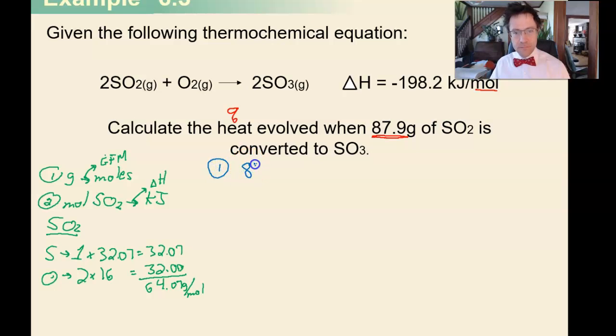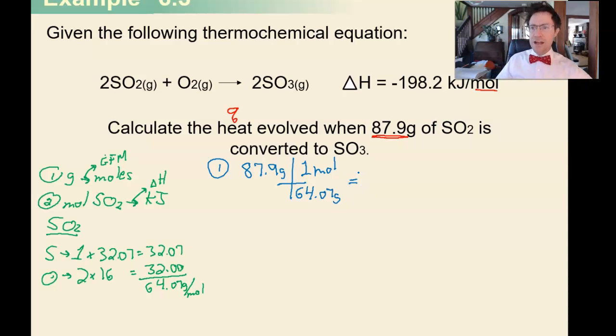I've got 87.9 grams. I'm going to use the lines of pain as always, because why would I do anything else? It's going to be 64.07 grams per 1 mole. Get out your calculator, make sure I'm doing this right, because I'll probably do this wrong, and then you guys will tell me after we do this whole video.